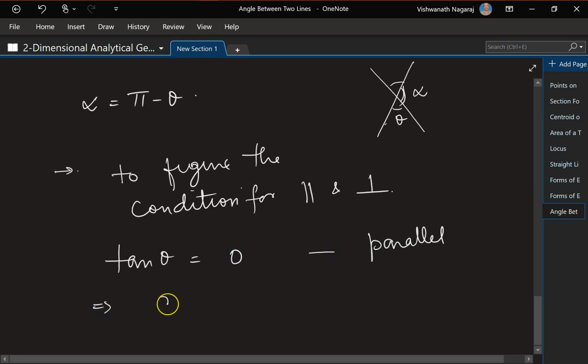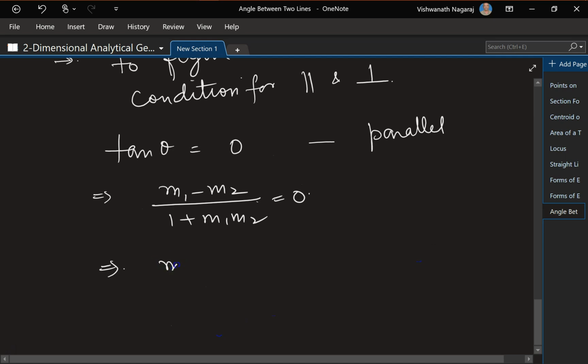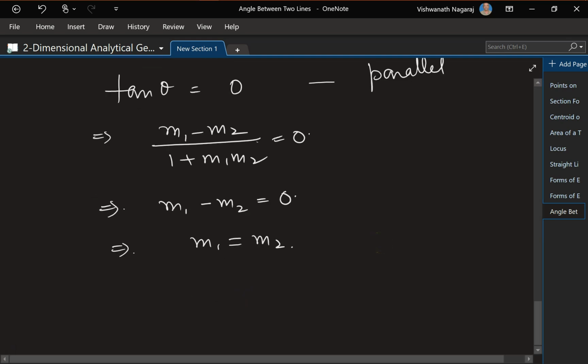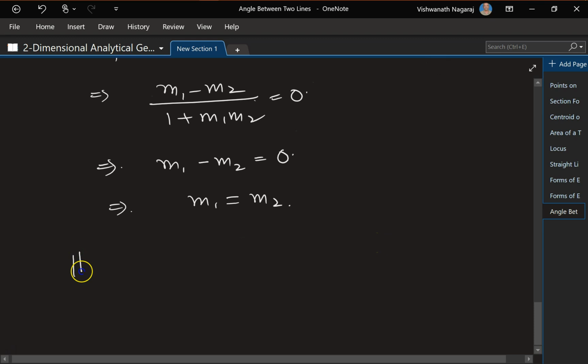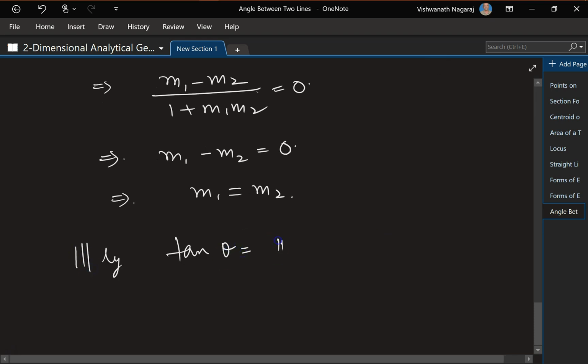So m1 minus m2 by 1 plus m1 m2 equals 0. Taking the denominator to the other side, we get m1 minus m2 equal to 0, which means the slopes of both the lines are equal, which basically means that the lines are parallel. Similarly, tan theta equal to infinity, theta equal to pi by 2, means the lines are perpendicular to each other. That means the angle between them is 90 degrees.